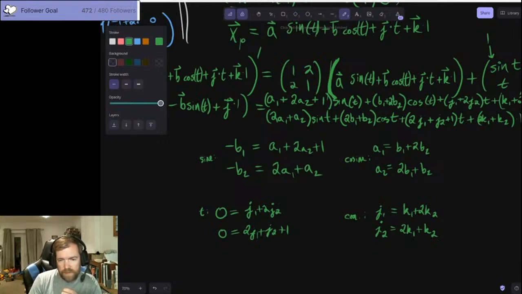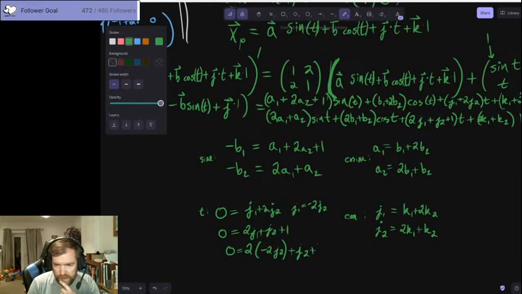So here, J1 can be replaced by negative 2J2. So 0 is equal to 2 times negative 2J2 plus J2 plus 1. This is a negative 4J2 plus 1J2.